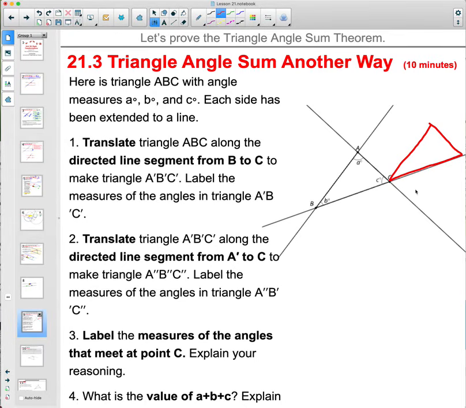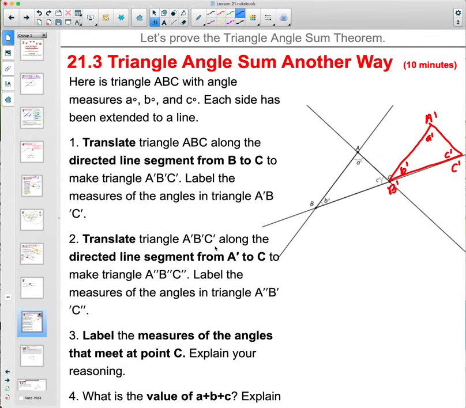And then they just want us to label the new triangle A prime, B prime, C prime. And then label the measures of the angles A prime, B prime, C prime. Okay, so same thing in here would be A prime, B prime, C prime for those angles.